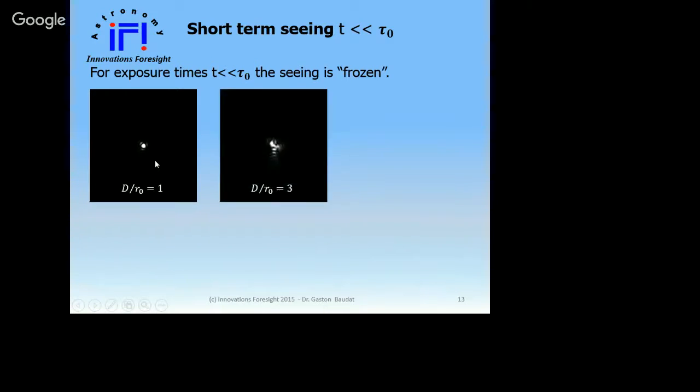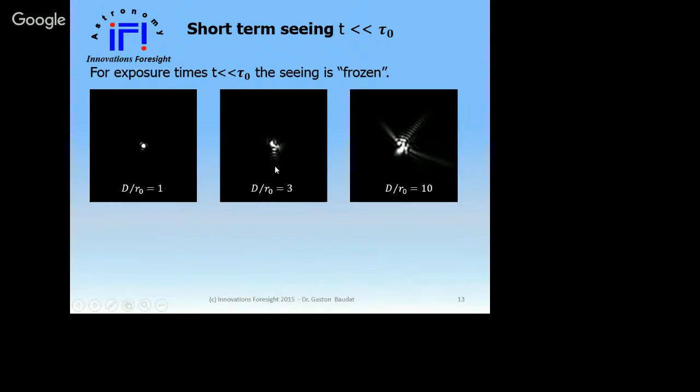When D over R0 goes up, with a larger aperture or worse seeing, then you get this type of shape with some level of speckle. And of course, if you keep going, the situation becomes worse and worse. A D over R0 of 10 gives you a very distorted image of the star.